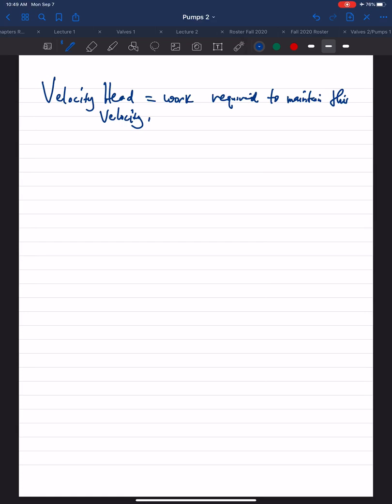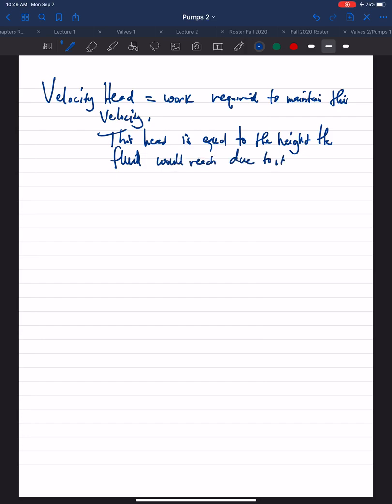The velocity head is equal to the height the fluid would reach due to its kinetic energy.